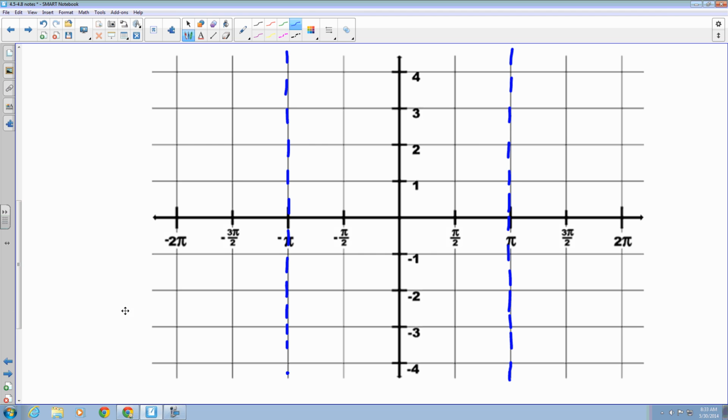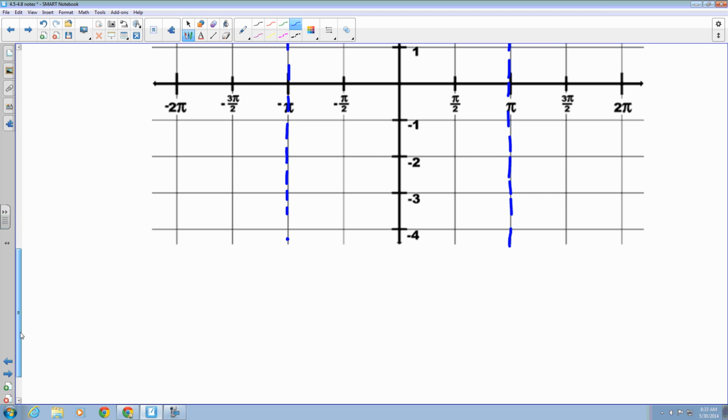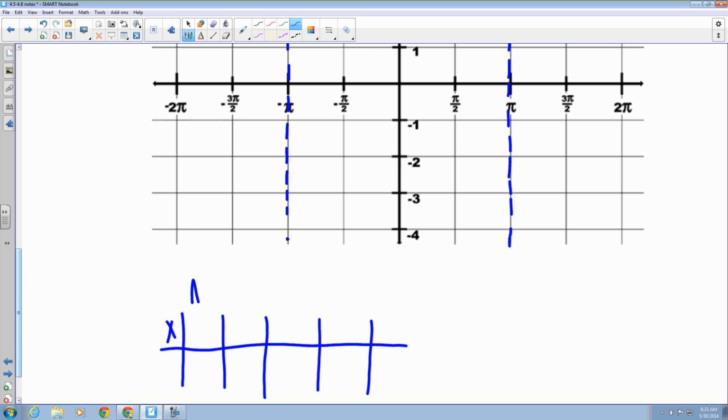We're going to start with an asymptote, starting at those asymptotes. Here it's at negative pi and pi. The middle point is always going to be an intercept. It's always going to cross 0 in the middle.